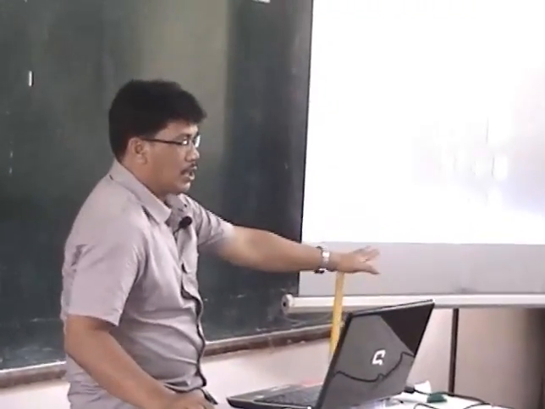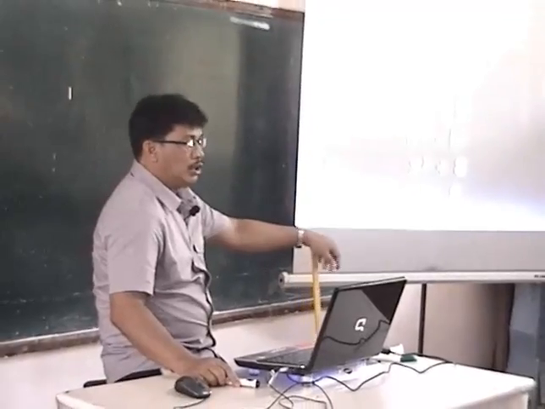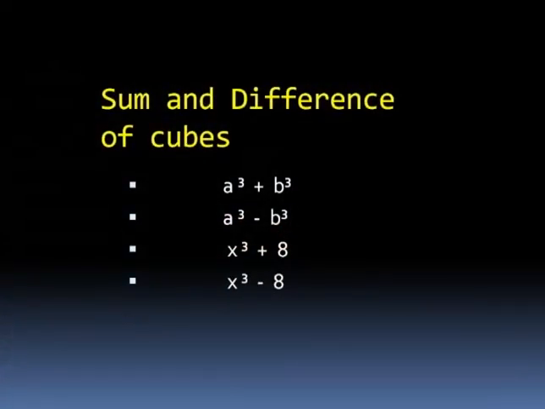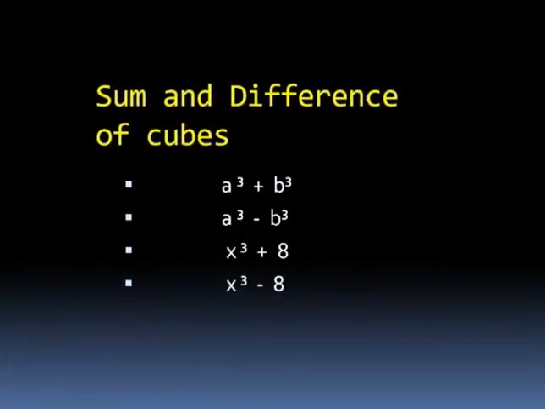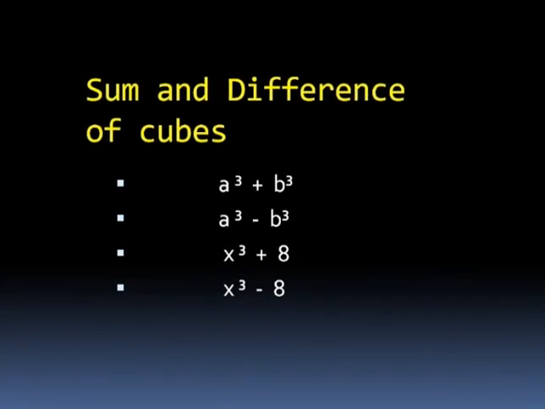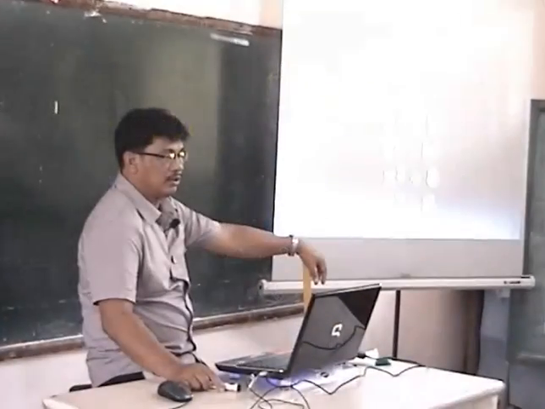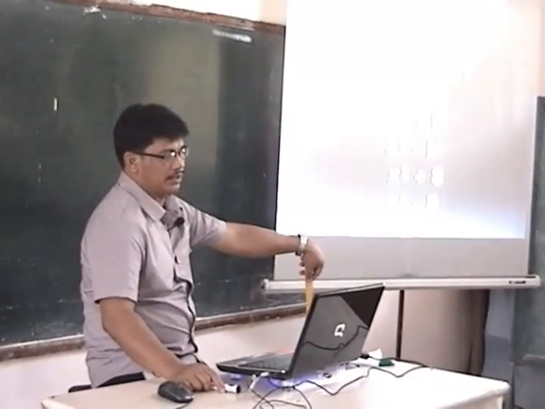Okay, class. So, look at now those polynomials which are the sum and difference of cubes. First, take note that it consists of two terms only. Again, just like the sum and difference of squares.